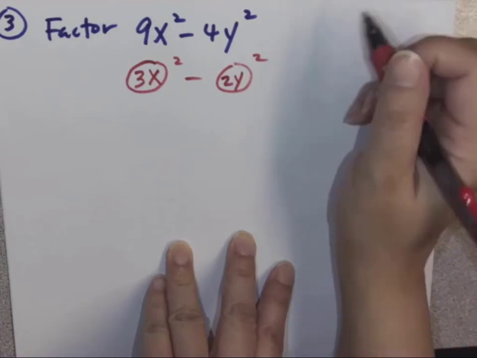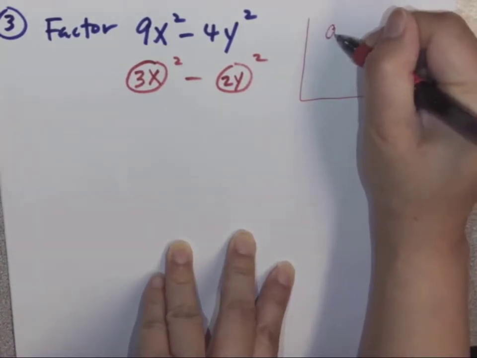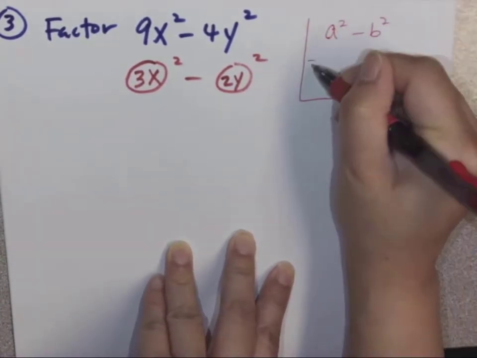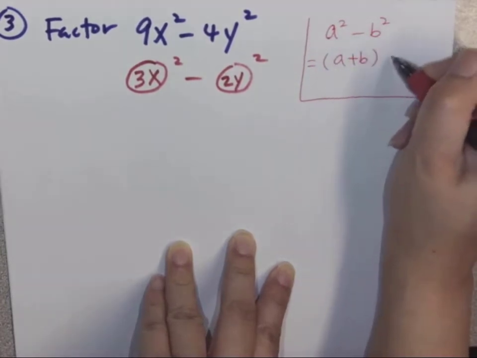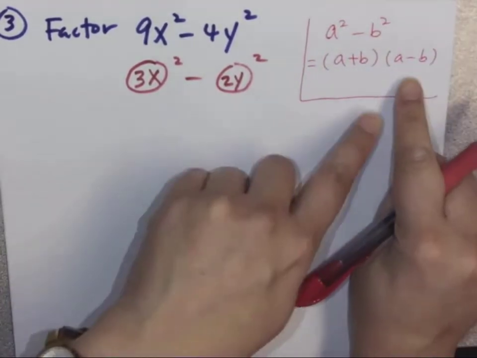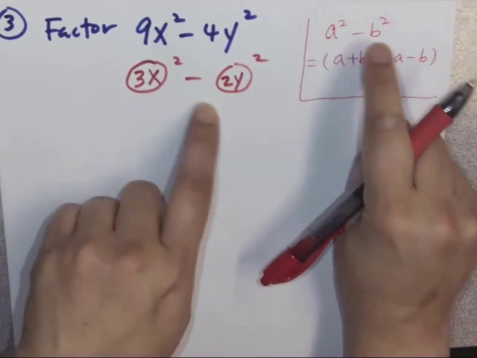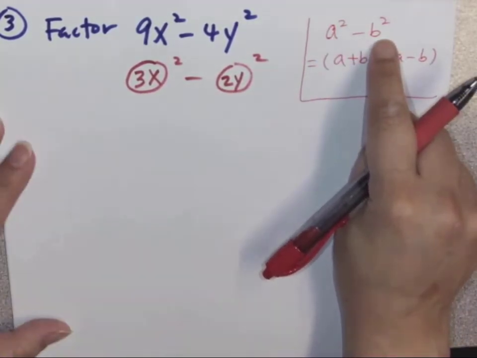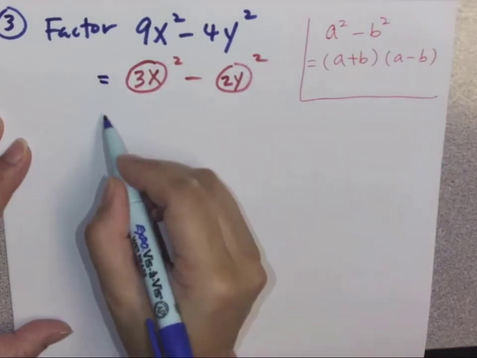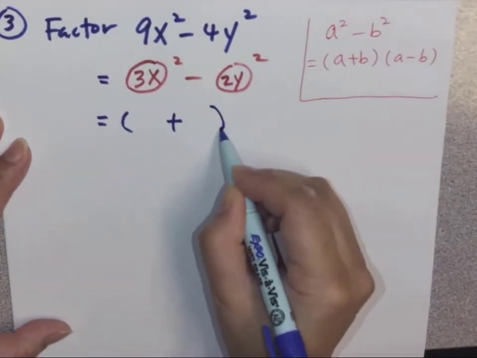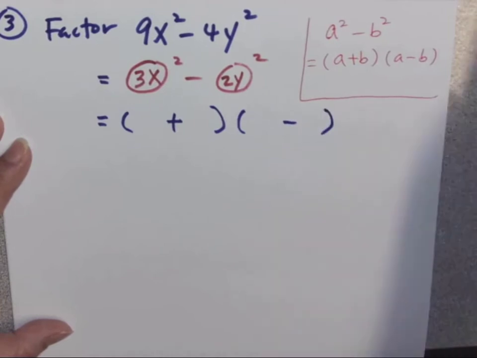So this is representing what we talked about earlier, a squared minus b squared, which is a plus b, a minus b. I told you the order doesn't matter, right? So my a is kind of the 3x, my b is kind of the 2y, right? So basically, to factor them, I just need the first term plus the second term, the first term minus the second term, right?